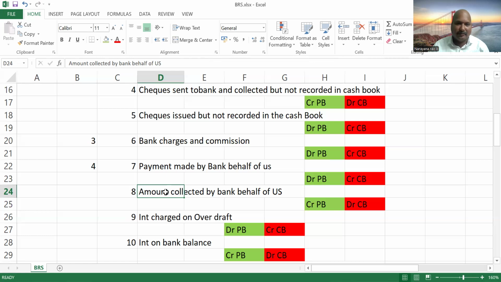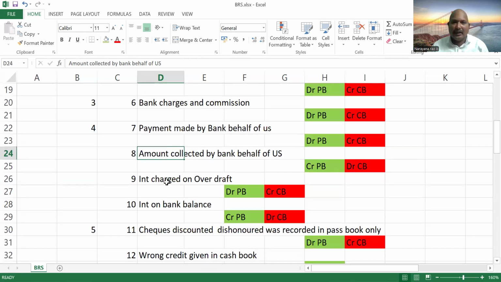Next, interest charged on overdraft. Here, the bank gives a temporary loan to us. It is the overdraft facility, a loan given only to business. With the help of the overdraft, we meet very short term needs.